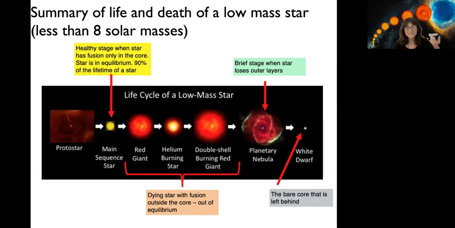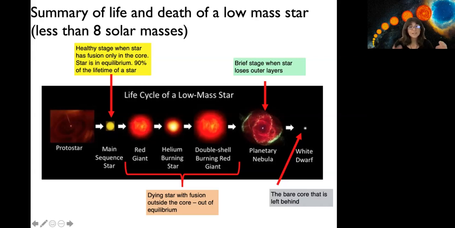The star is in this really nice hydrostatic equilibrium, and it spends 90% of its lifetime during this stage. When all of the hydrogen turns into helium, the star begins a series of steps that turn it into a red giant.